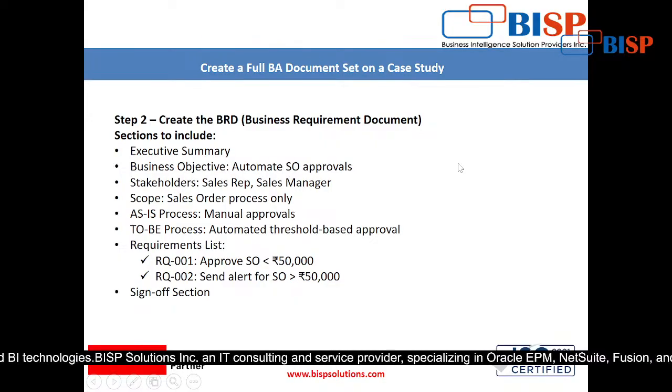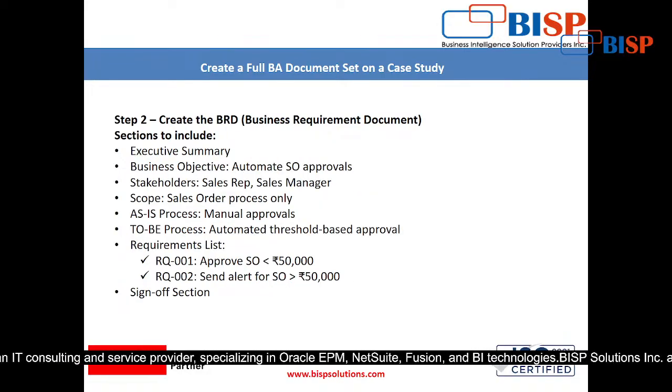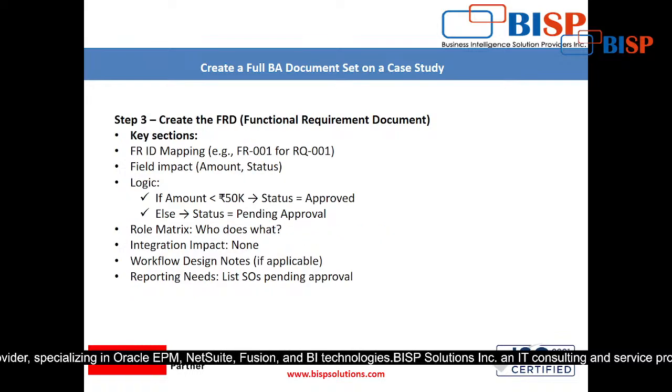Okay, now let's come here, create an FRD, the functional requirement document. Now what is this functional requirement document? Look at this. First requirement is approve if it is below 50,000. Second is send alert if it is greater. Now see here in the FRD, functional requirement ID mapping, FR1 for requirement 1. So amount and status, field impact.